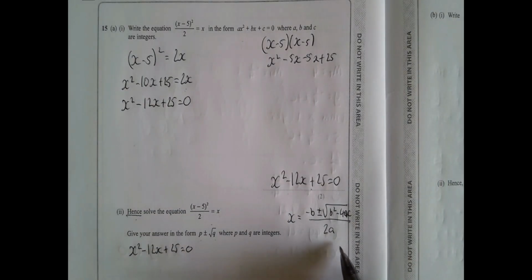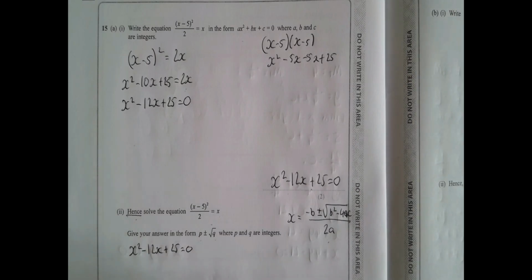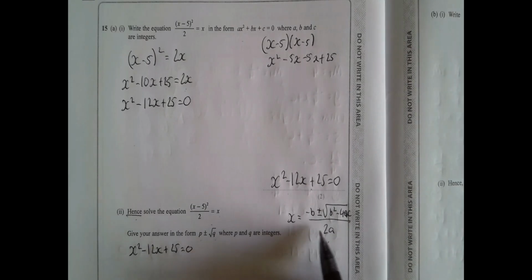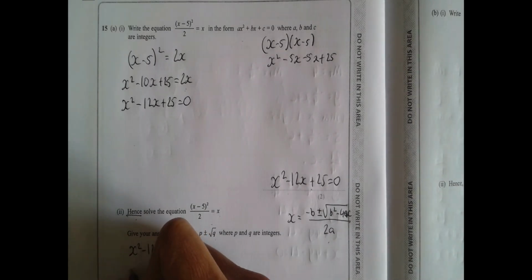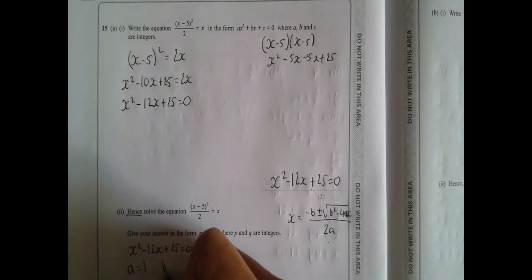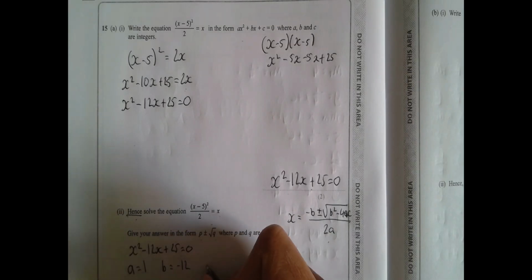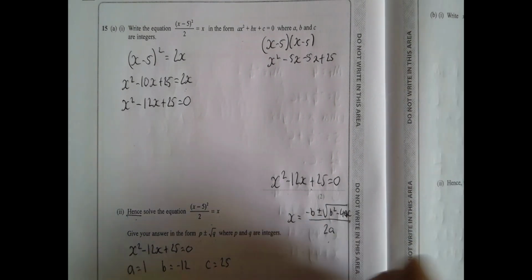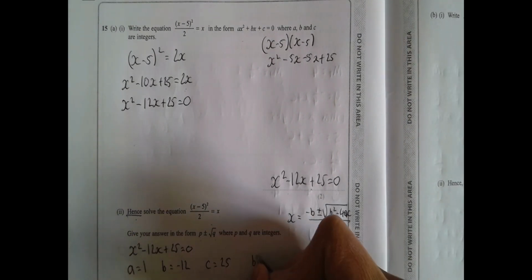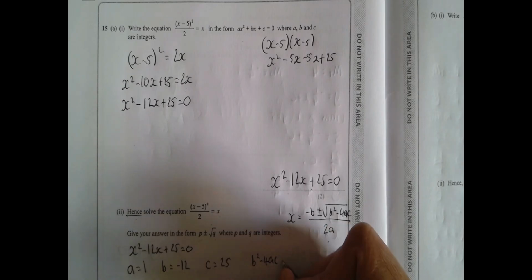Okay, so I've written that down over here. And just to remind me, I'm now going to write down the values of a, b and c. So I can see from here that a is equal to 1, b is equal to negative 12, c is equal to a positive 25, and I'm also going to write down the value of the discriminant, b squared take away 4ac.